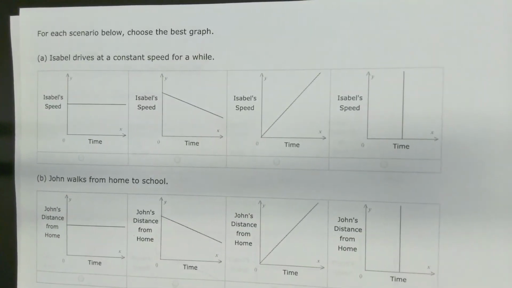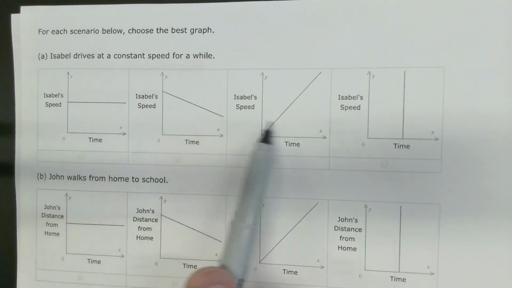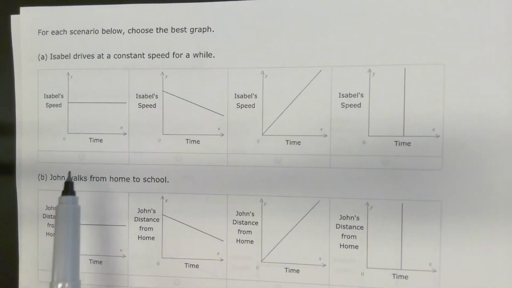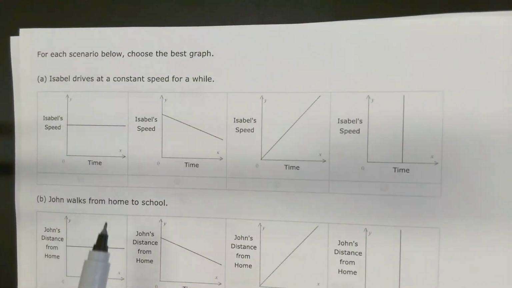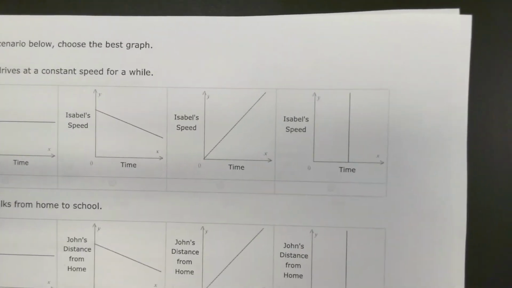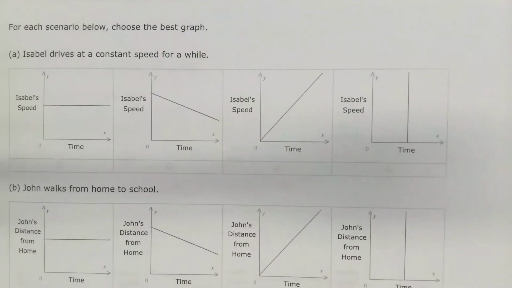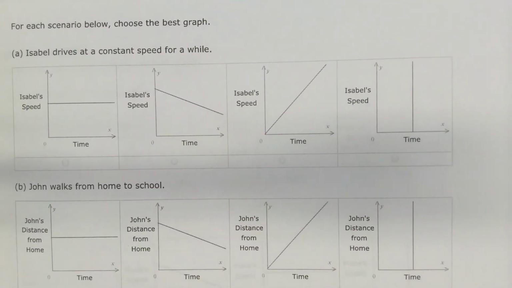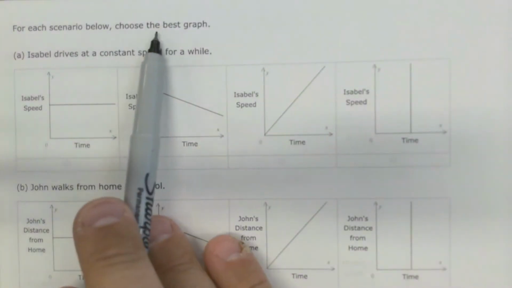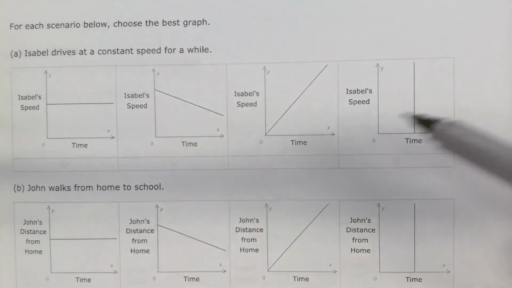Alright. It says Isabel drives at a constant speed for a while. The first thing you have to realize, we're just dealing with these top 4 graphs and trying to determine which one is correct. It asks which of these graphs demonstrates what she is doing.